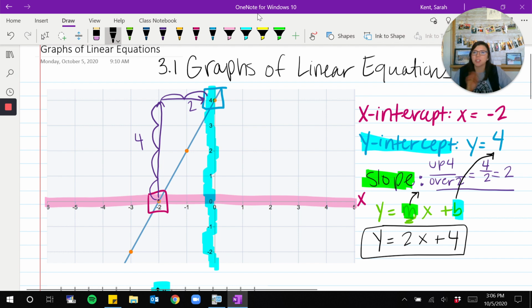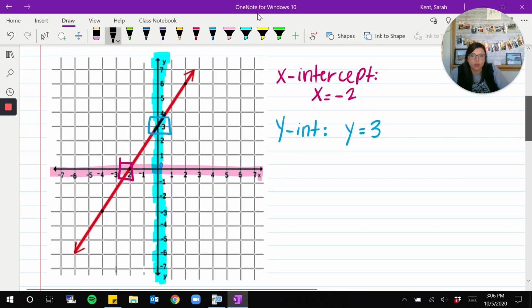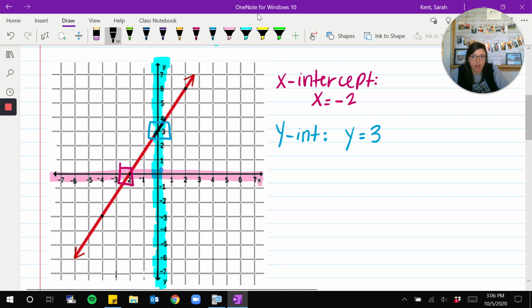All right, let's look at another one. So here we've got number 2. We've already found the x-intercept. We've already found the y-intercept. So now we need to look for the slope. Again, we want to think how many did we go up and how many did we go over to get from 2 to 3.